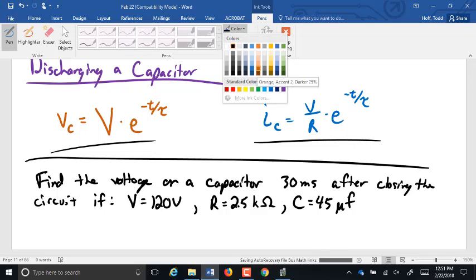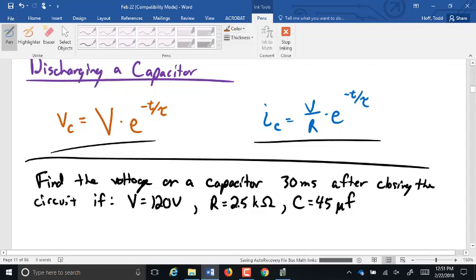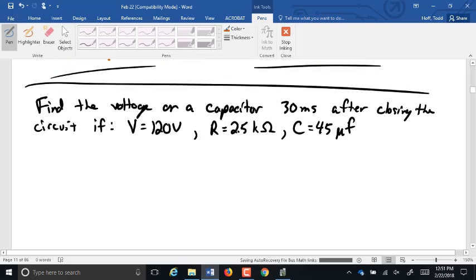So this formula for charging, this is charging it now. That voltage is 120, the maximum voltage, times 1 minus e to the negative 30 milliseconds, which is going to be 0.03, correct?